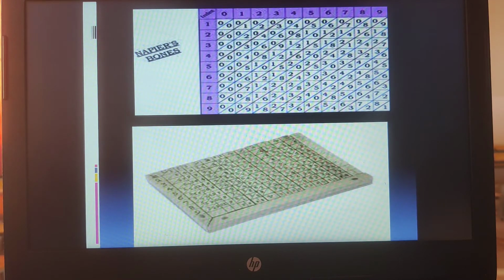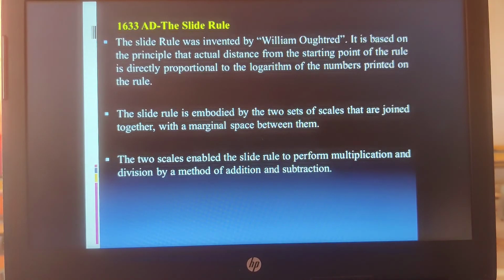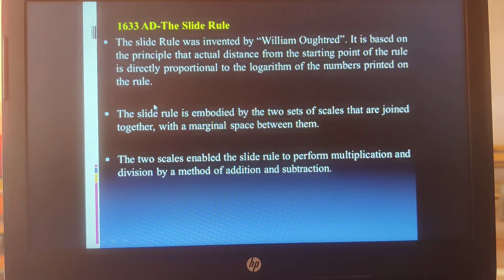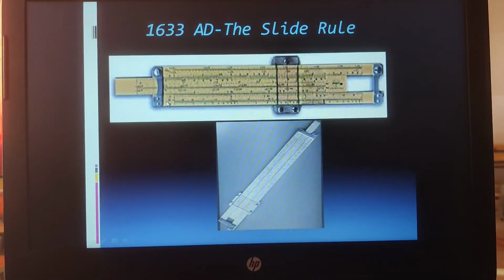So moving on to the next one, that is the slide rule. The slide rule was invented by a person known as William. This slide rule was based upon a principle: the actual distance from the starting point of the rule is directly proportional to the logarithm of the numbers printed on the rule.